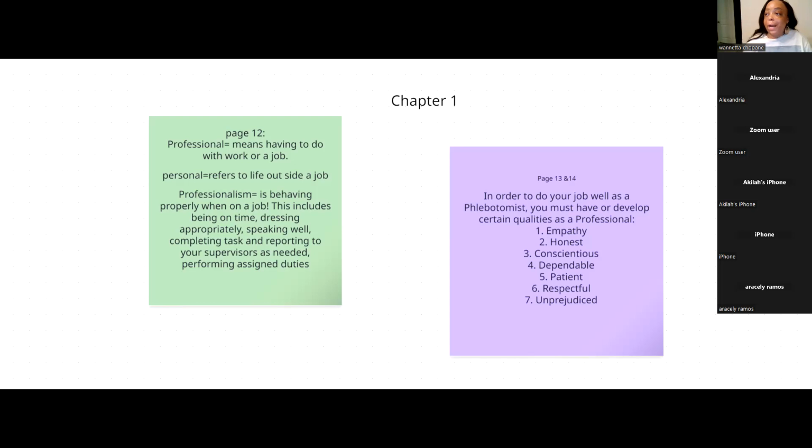Have you ever heard somebody say, or are you the one that says, I'm not at work, I'm off the job, I don't have to be professional? You have a balance. You know how to be professional and you know how to be relaxed. So don't confuse the two. Don't take your personal frustrations out on work, because then it messes up your whole mode of being professional.